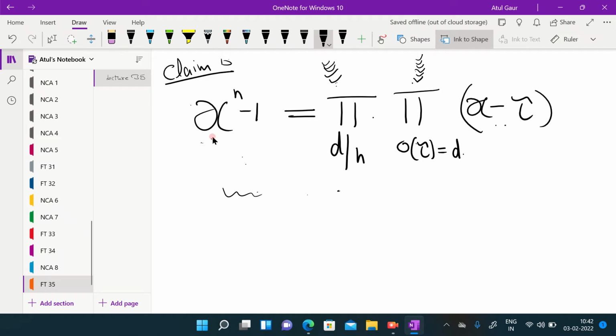What will its roots be? All the nth roots of unity will be the roots of this equation, right? So if rho 1, rho 2, up to rho n are all the nth roots of unity, then this left hand side you can factorize as (x minus rho 1)(x minus rho 2) up to (x minus rho n), right?